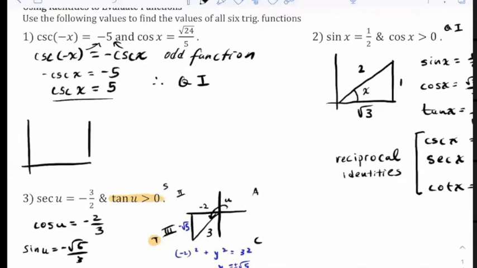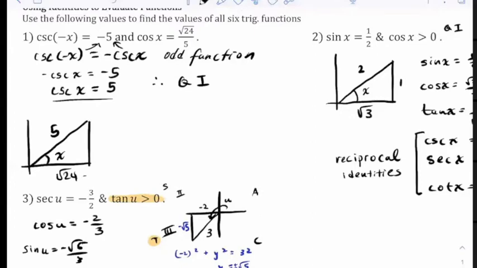And I could say something like, well, I know that cosine of my angle x is √24/5, which can be simplified, by the way, to 2√6/5. And using the Pythagorean Theorem, that would be 25, we can say it's 25 minus 24.